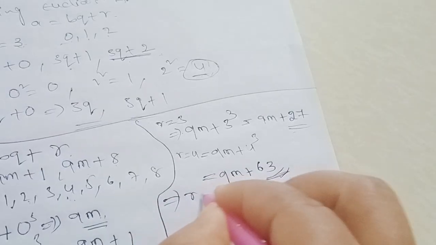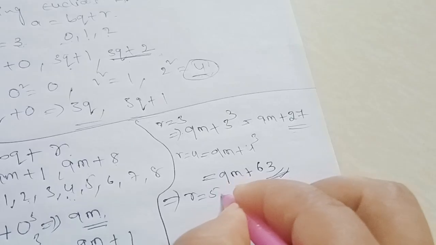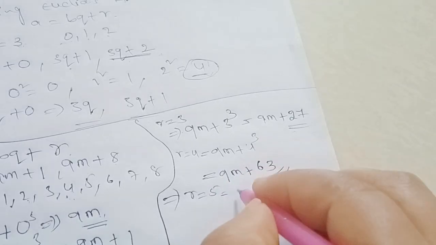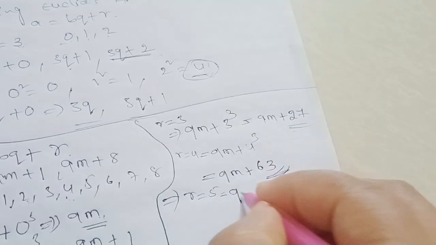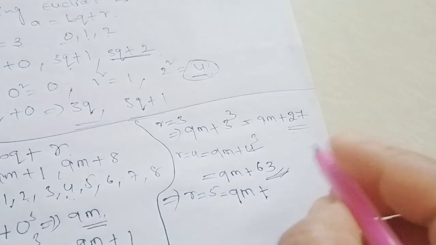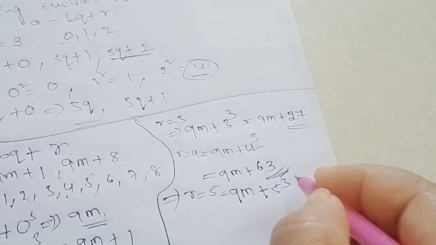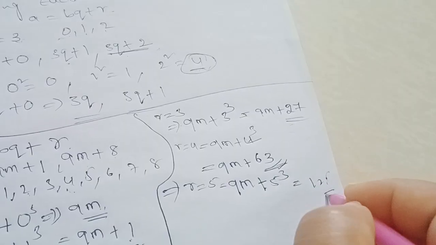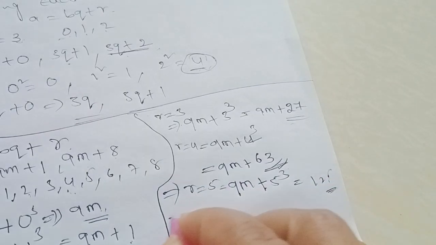Next, R is equal to 5. Substitute in the formula, (9m plus 5) cube. 5 cube means 125. This is also not a possible remainder.